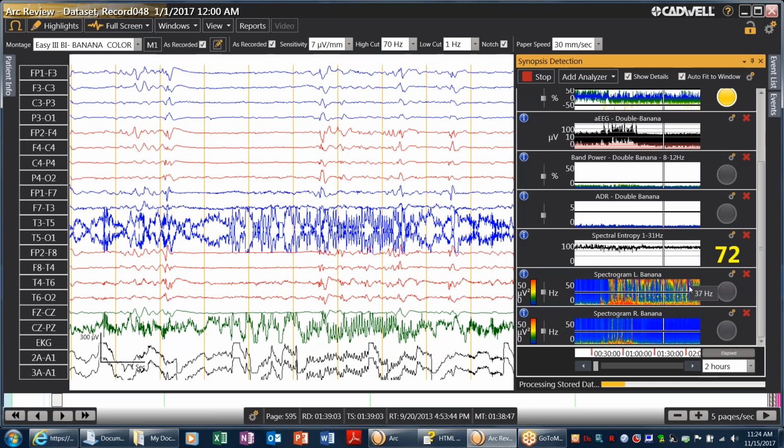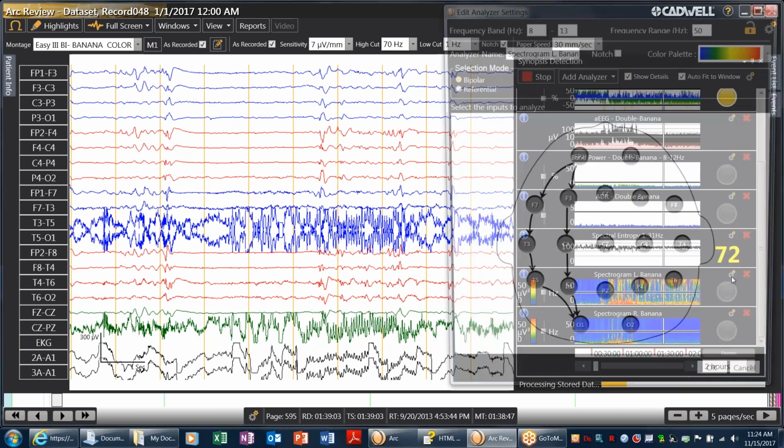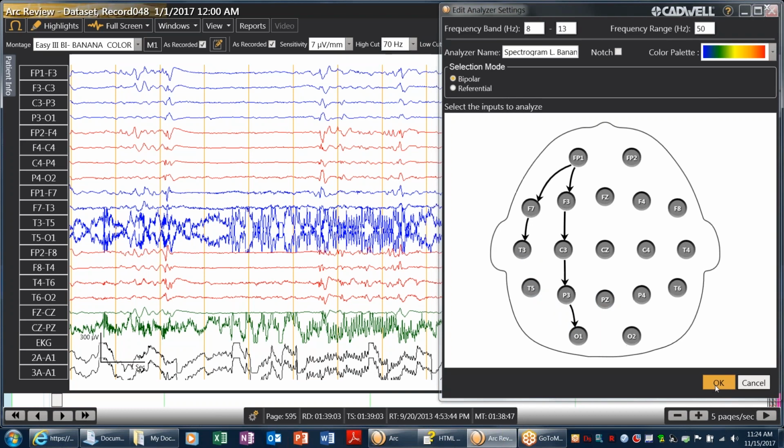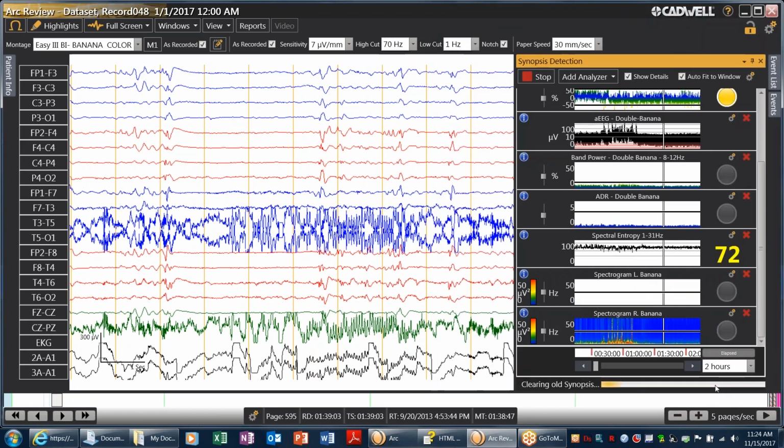So we think this is a lot of noise. We can go in and take T5 out by highlighting that, and just remove that from the calculations on that side, and then let that recalculate. And we'll see if it looks more like the right side.